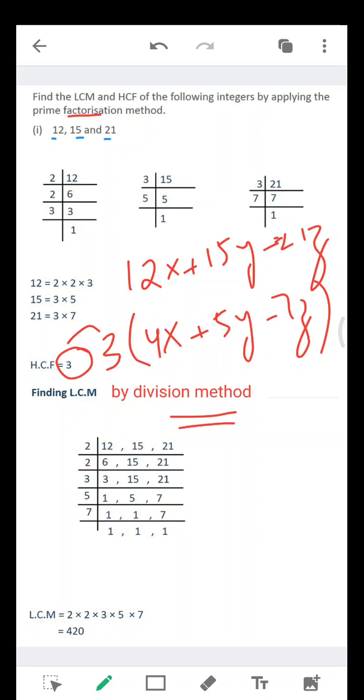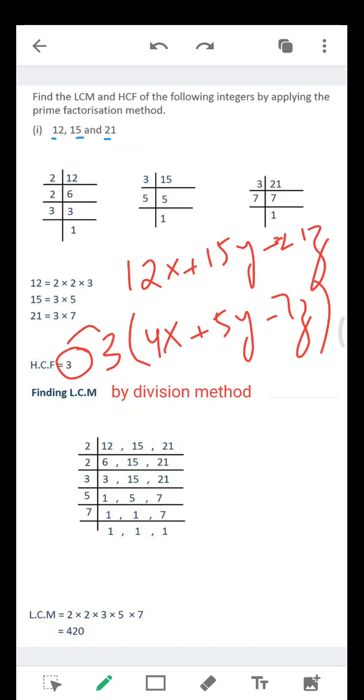We are just recalling the division method, so this is not the prime factorization method. If no method is mentioned in the exam and they just ask to find the LCM and SCF, then you can do any method which is easy for you.